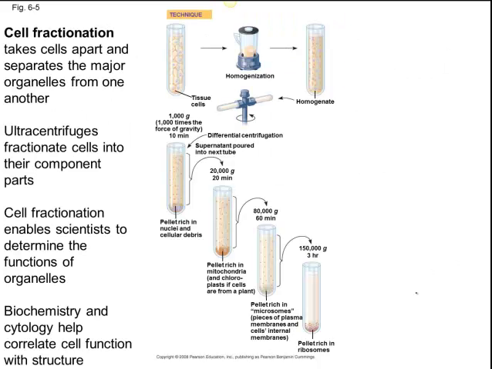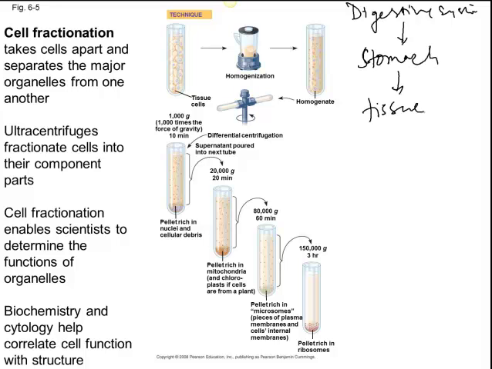Then we move on to another aspect of the cell, called cell fractionation. Now cell fractionation basically means you have to take the cells apart from the state of it being just an organ. If you remember the biological hierarchy that you had done, wherein you had, say, the digestive system, of that we picked one organ, say the stomach. Now of that you took out tissue of the stomach, which is a collection of cells.